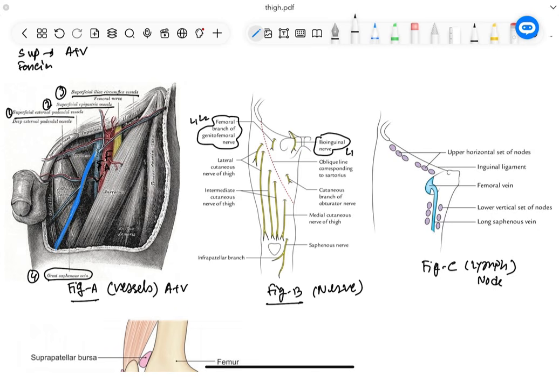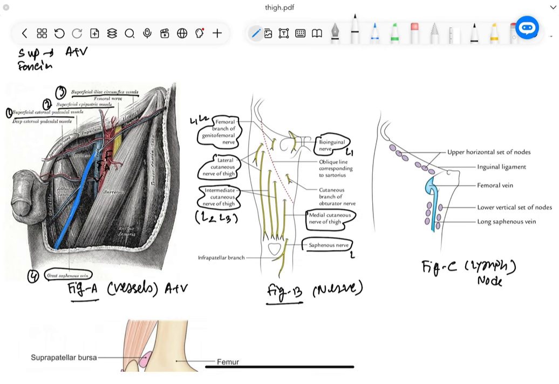Then lateral cutaneous nerve of thigh. Then intermediate cutaneous nerve of thigh. These are all below the sartorius supplying, and medial cutaneous nerve of thigh, and all of them root value is L2 and L3. After that you can get two more also. One is saphenous nerve.